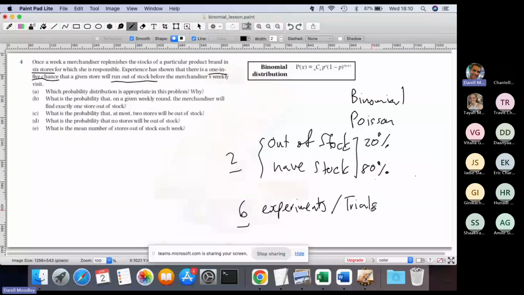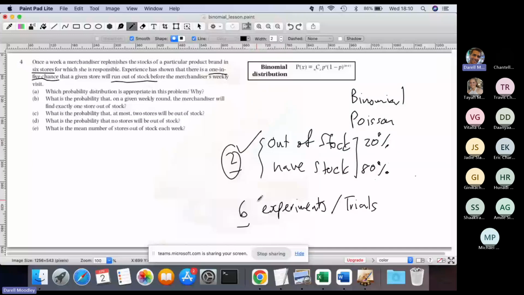So there's a limited number of trials. If these 2 conditions are met, if there's only 2 possible outcomes, if there is a limited amount of trials, yes, there's only 6, then that means you use a binomial distribution. Okay, remember that. If these 2 conditions are met, then that means you use a binomial distribution.